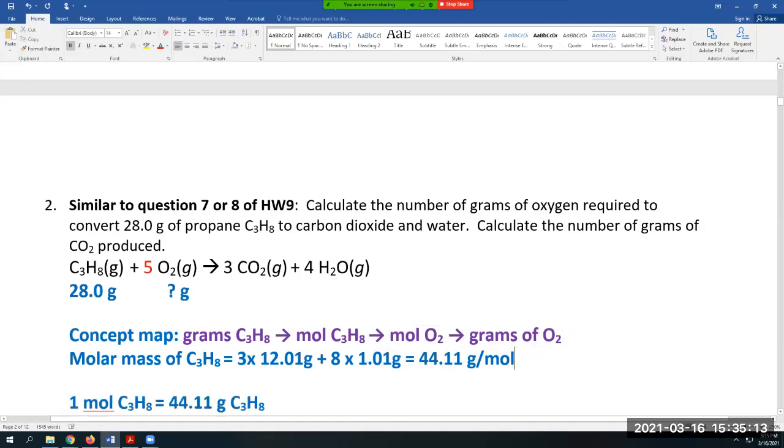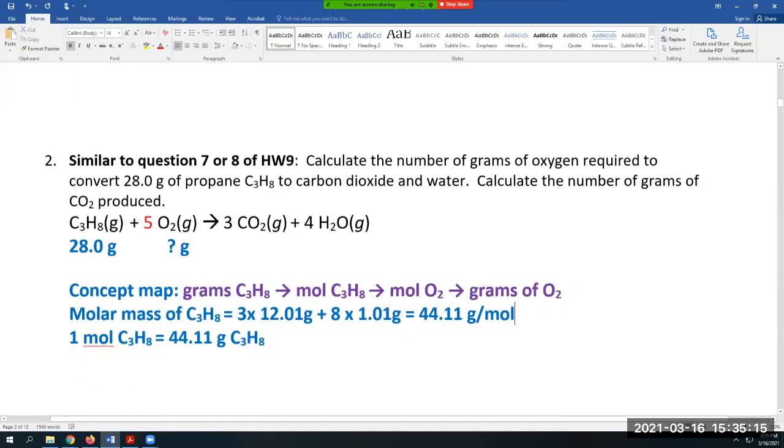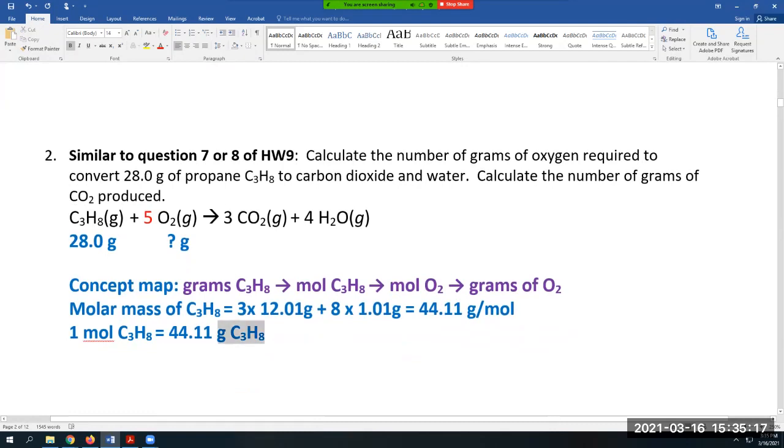Another thing is I like to rewrite this molar mass as an equality, mathematically, because this is what we use to write conversion factors. And so I like to see it as an equality. And because we have grams per mole here, it's a complex unit. And the per mole means that 1 mole of propane is equal to 44.11 grams of propane.